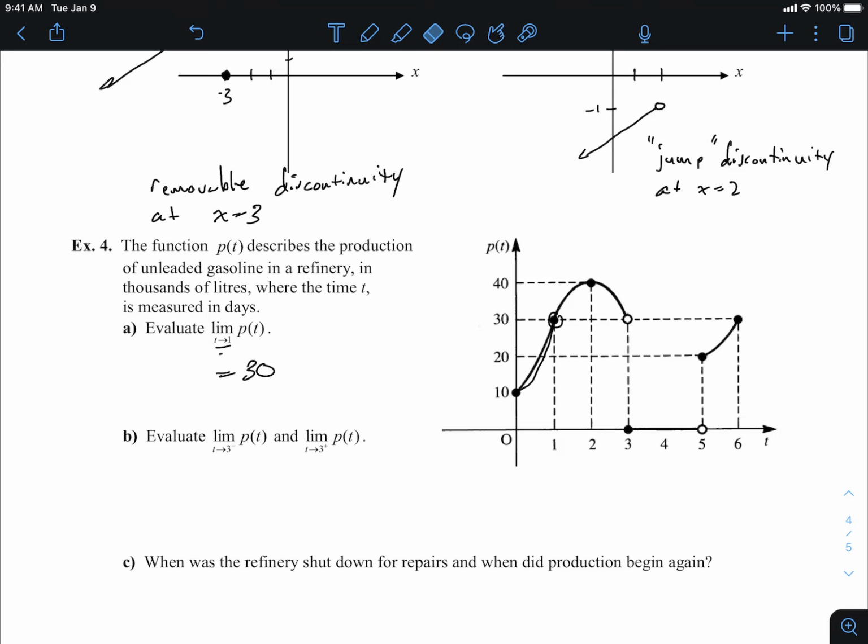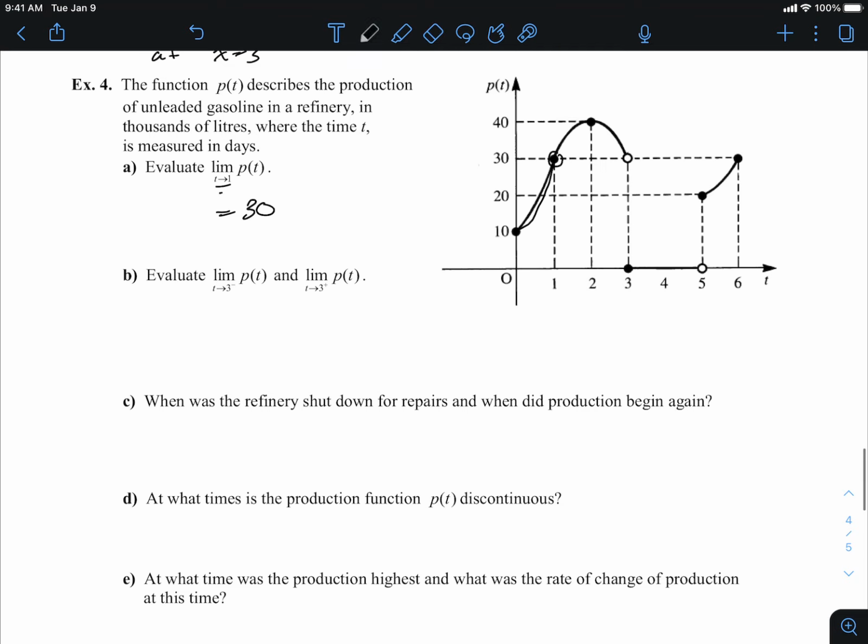Then, should I jump down to part B here? The limit as t approaches 3 from the left and the right. So we're going to have a left-hand limit and a right-hand limit. Let's do the left-hand limit, or left side limit. That's the limit as t approaches 3 from the left of the function p(t).